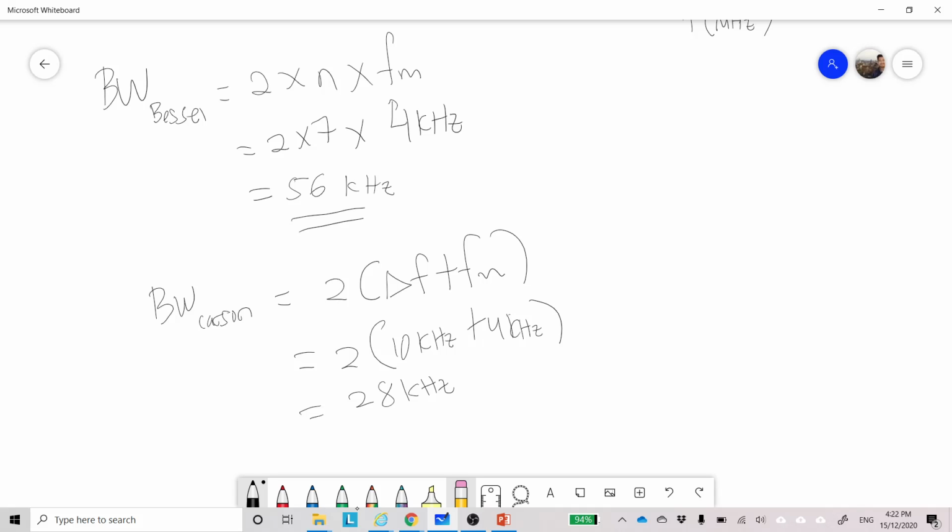Average power at the transmitter if the modulator carrier power is equal to 5 watt. Okay, average power. The modulator carrier power adalah.